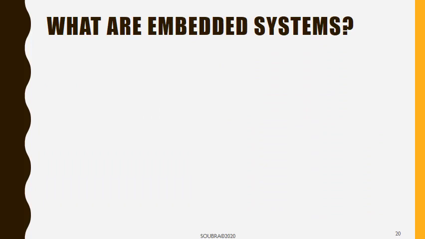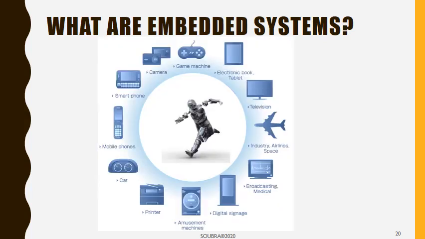Now that we've defined what real-time systems are, we have to define what embedded systems are. So we've taken our time analyzing the different pictures that we have here, and we've seen that in those systems we have a lot of embedded systems.